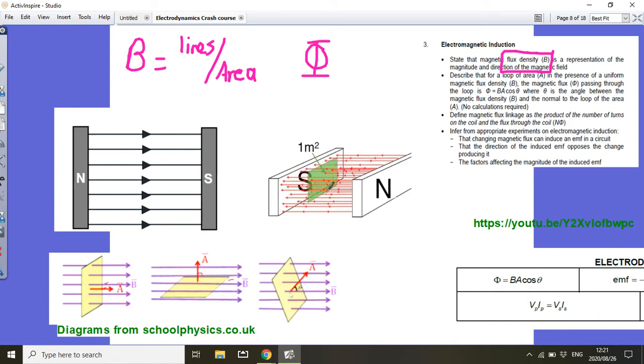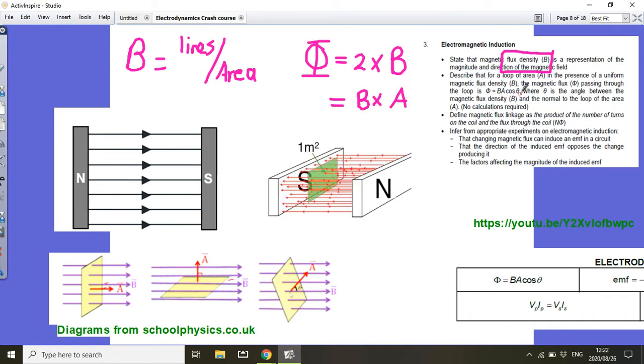If you have 10 lines in that little block and you add another little block next to it that's still inside this magnetic field, then that means it's going to be 2 of these blocks. So you're going to say 2 times the number of field lines there, so 2 times B. And that is why flux is B times the area, B times A.